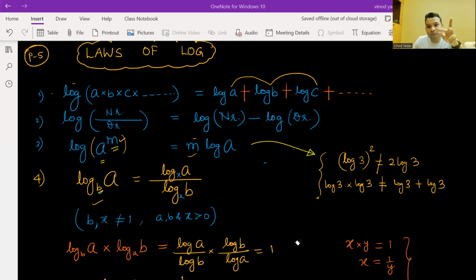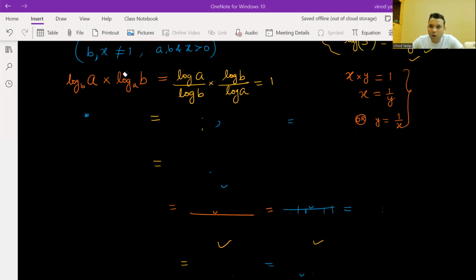Whenever the product of two numbers is 1, both are reciprocals of each other. It means log of a to the base b is the reciprocal of log of b to the base a. So log of a to the base b is 1 over log of b to the base a.